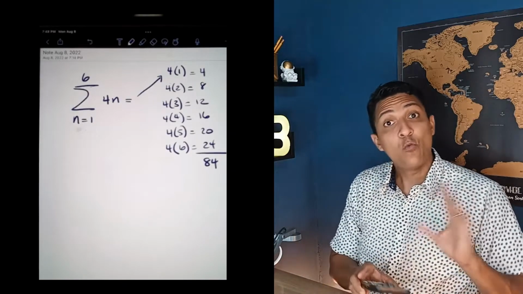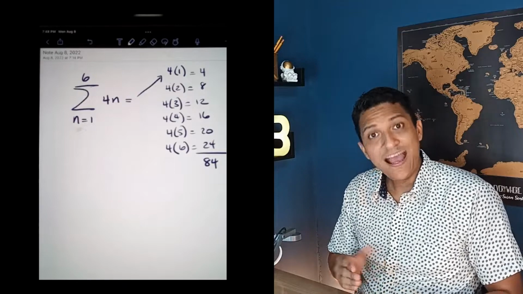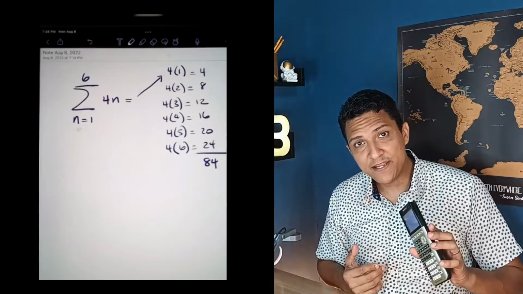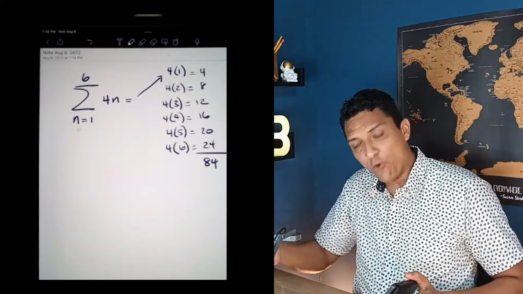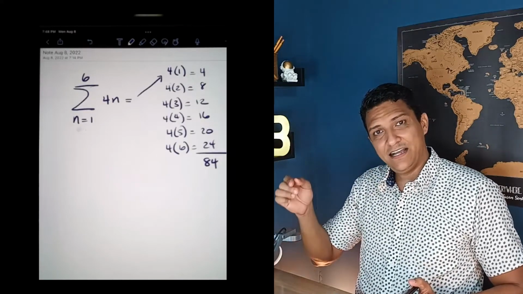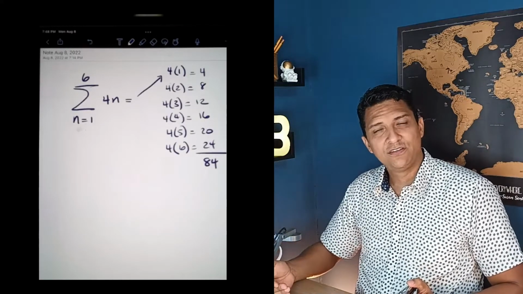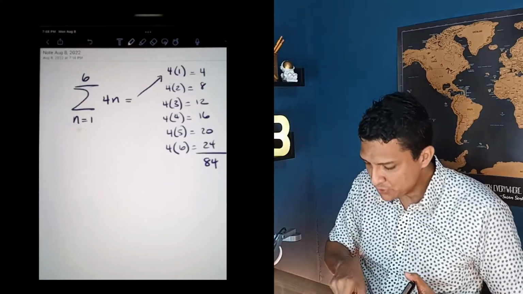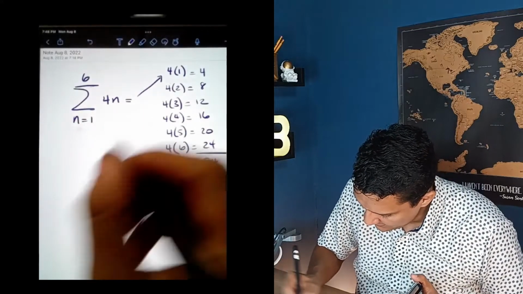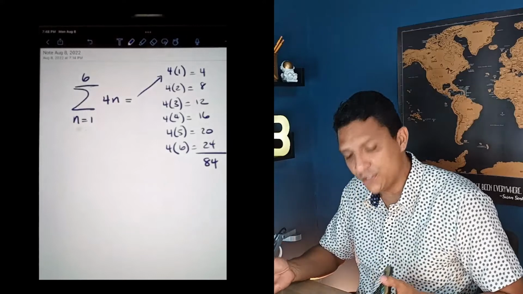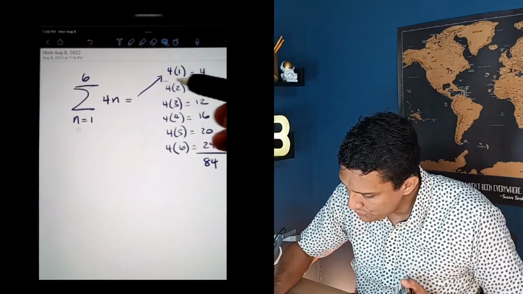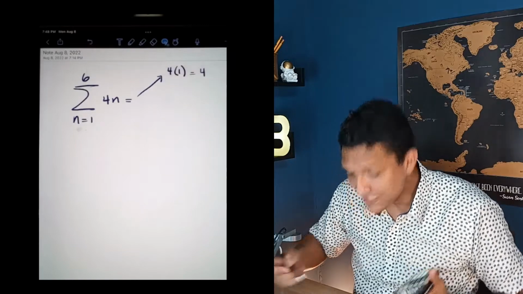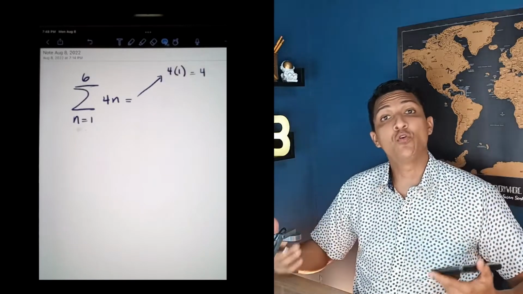So what I'm going to do is show you how to use your graphic display calculator with this sigma notation in order to avoid this tedious procedure that we need to do manually. Suppose, again, the same instruction, we already know what to do. First I need to remember that I need to show my work.